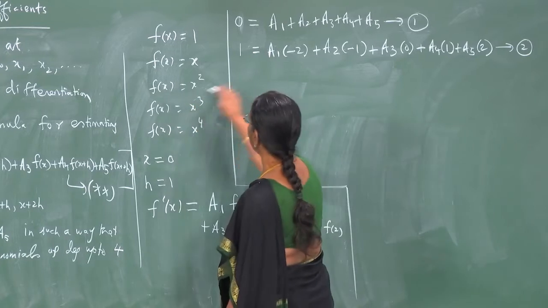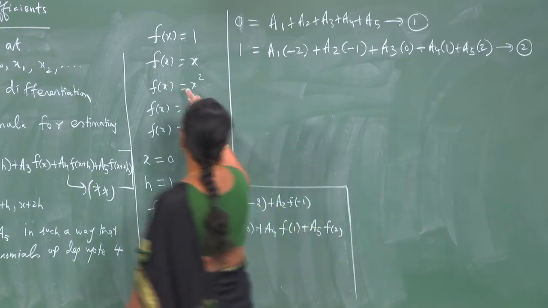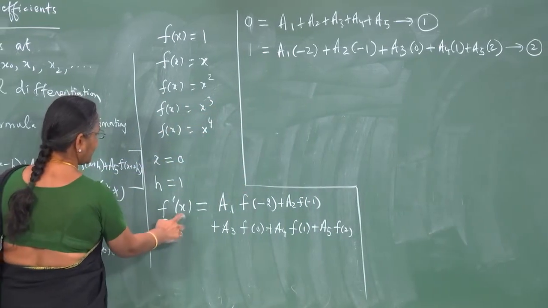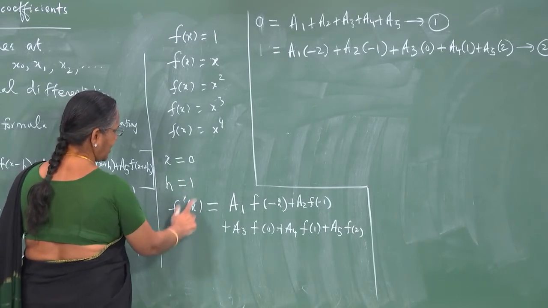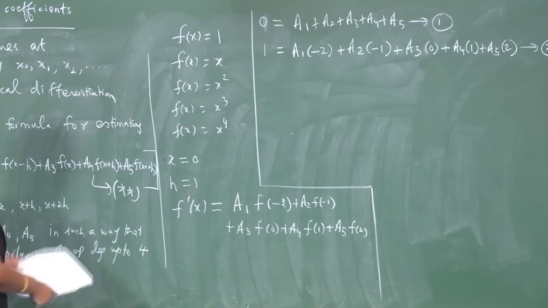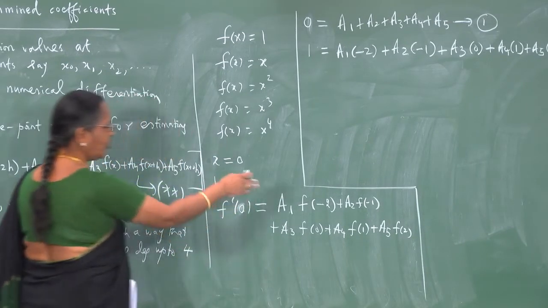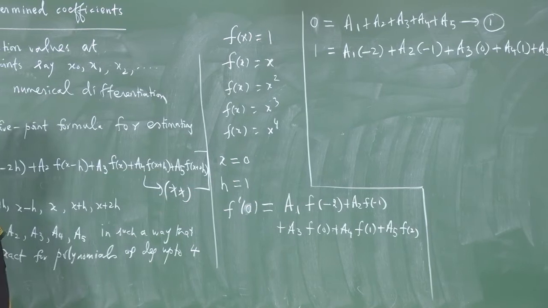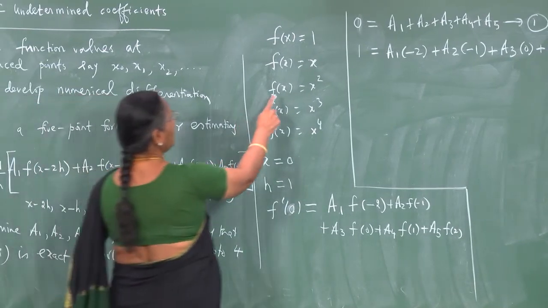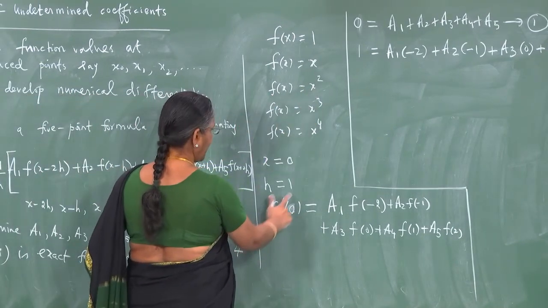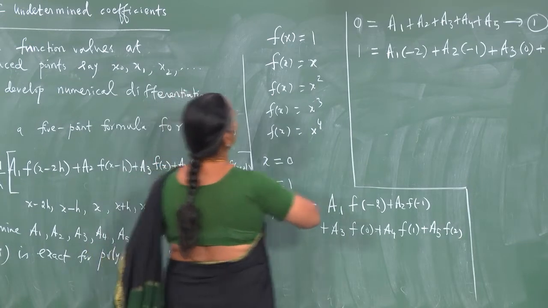When f of x is x square, so f prime x, what is it? We have taken x to be 0. So, f prime evaluated at 0 is given by the right hand side. So, when f of x is x square, f prime is 2x evaluated at 0.